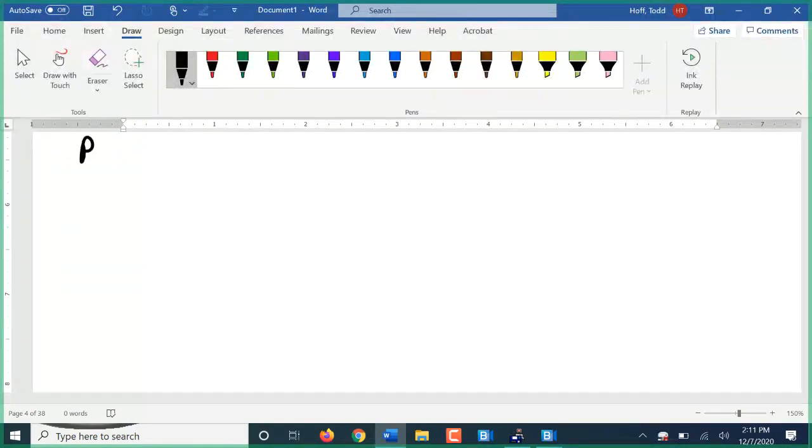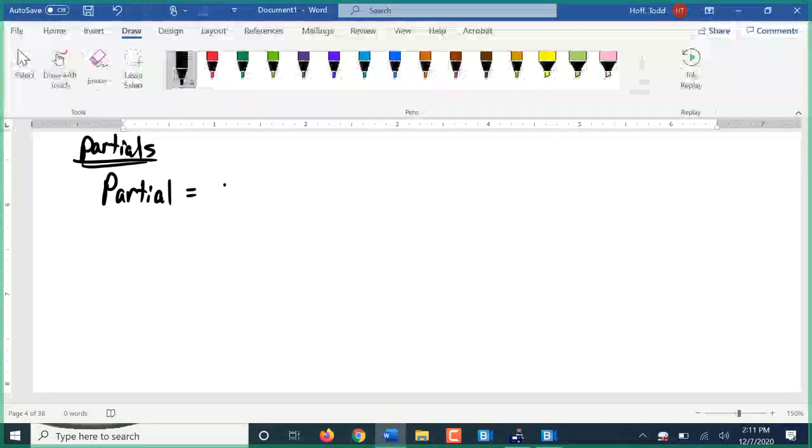One of those is by using partials. A partial is equal to the cofactor times the determinant of the minor.